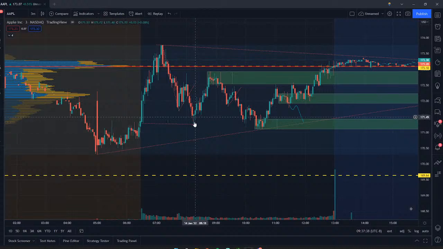Or if you happen to notice late that there's a double bottom here and it reverses and it goes green, at least you recognized that it was happening. That's what's important.